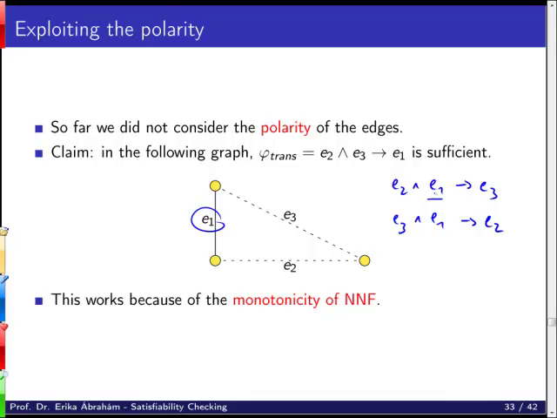So I can encode this, and then it will be easier to get from the solution of the propositional logic formula to the solution of the equality logic formula, but for satisfiability equivalence, this is not necessary. This is because of the monotonicity of the negation law.